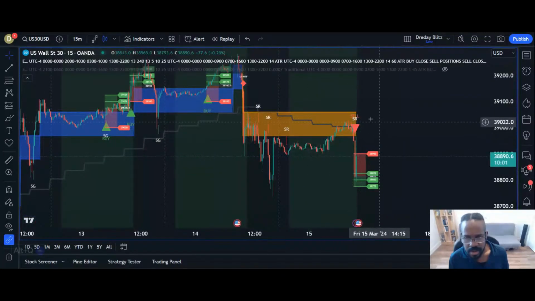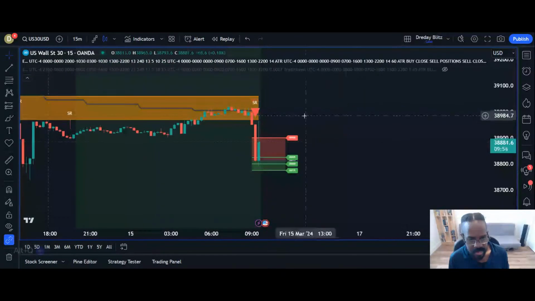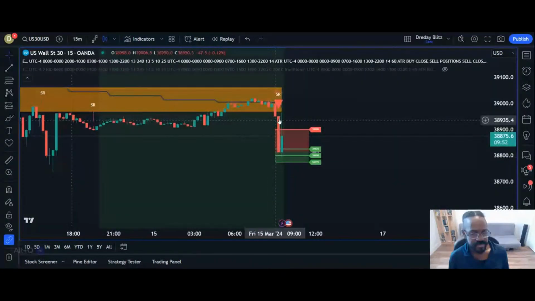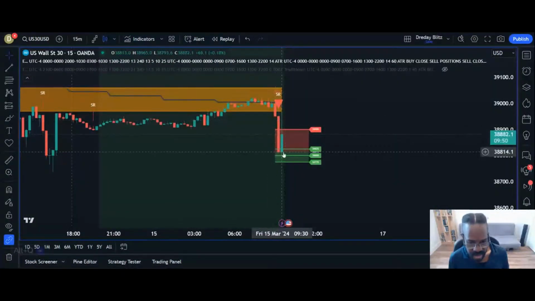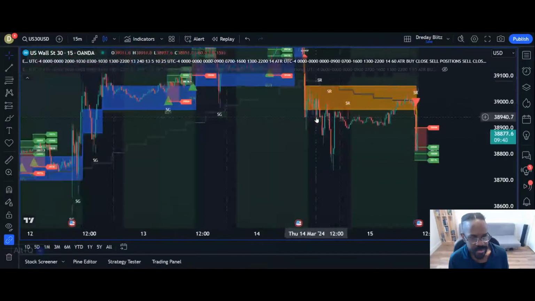And if you're waiting for the sell and buy setups here, those are the buy and sell setups that you're going to receive. So basically at 9:30, so at market open, we had a sell signal that came in, and this is where we're at right now.